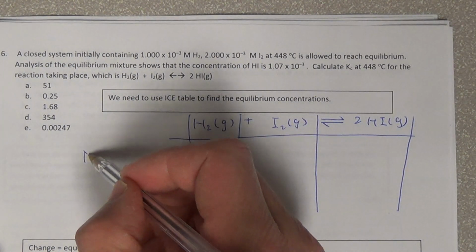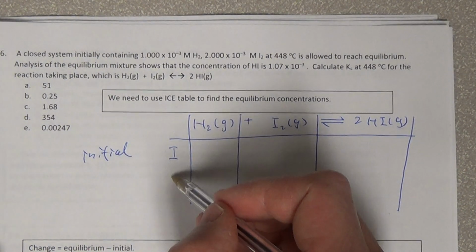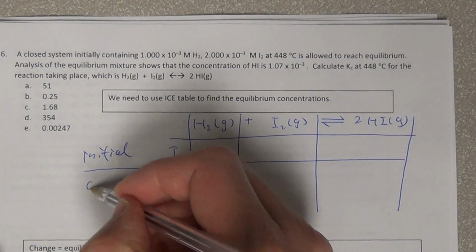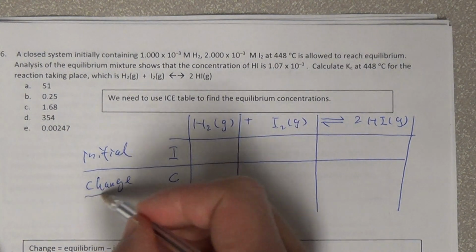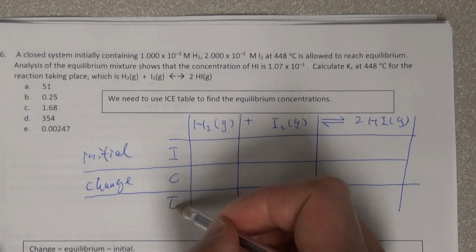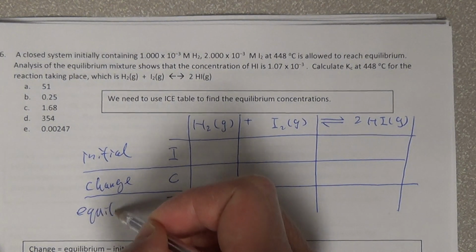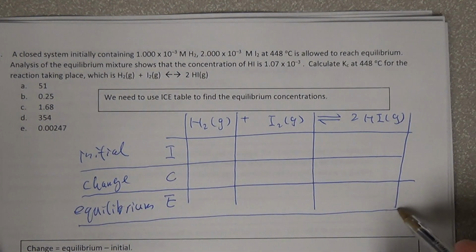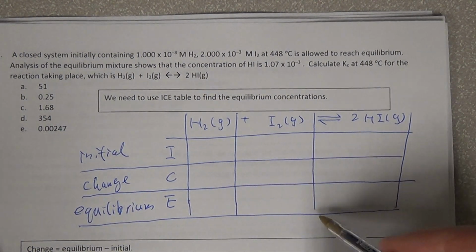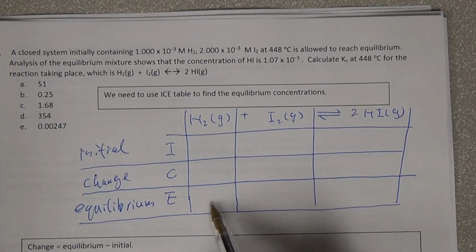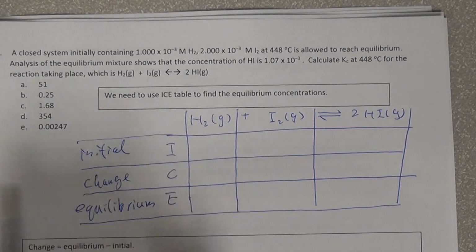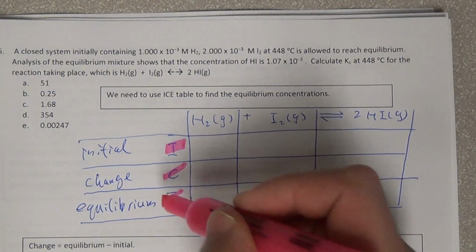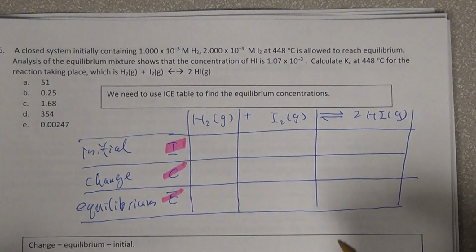I means initial, C means change, E means equilibrium. So we want to summarize our data in the table, and then we want to find all those at equilibrium. So this is a very important ICE table.